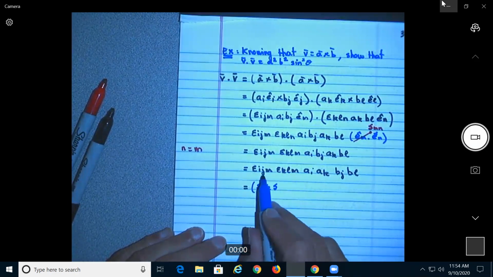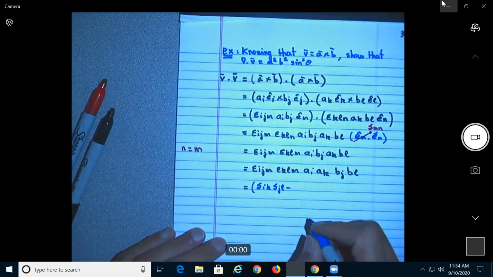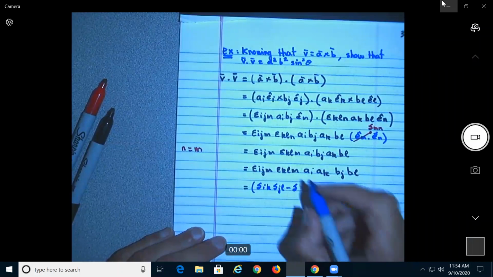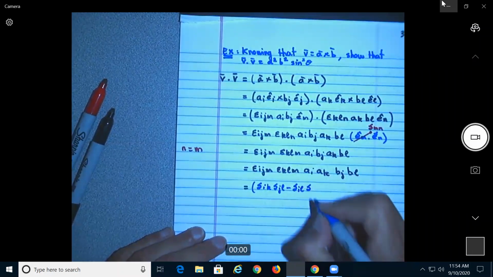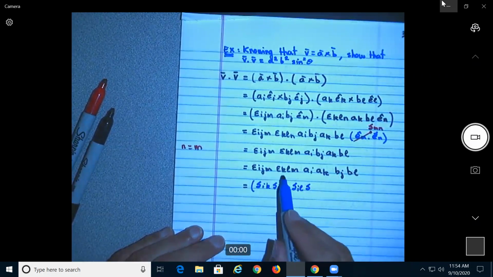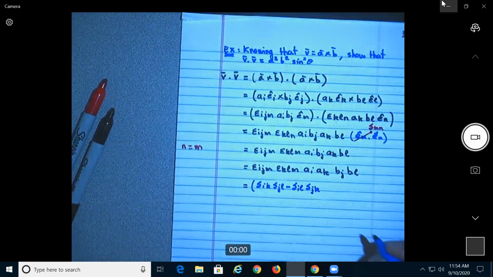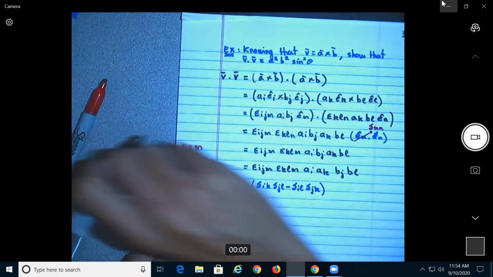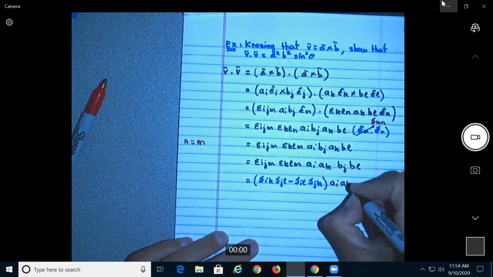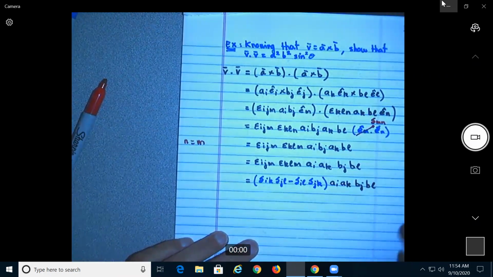So the same way, delta jl, minus, we do the first one, we take the second one, delta il, sorry, it's delta, not epsilon, delta of jk, times A sub I, A sub k, B sub j, B sub l.